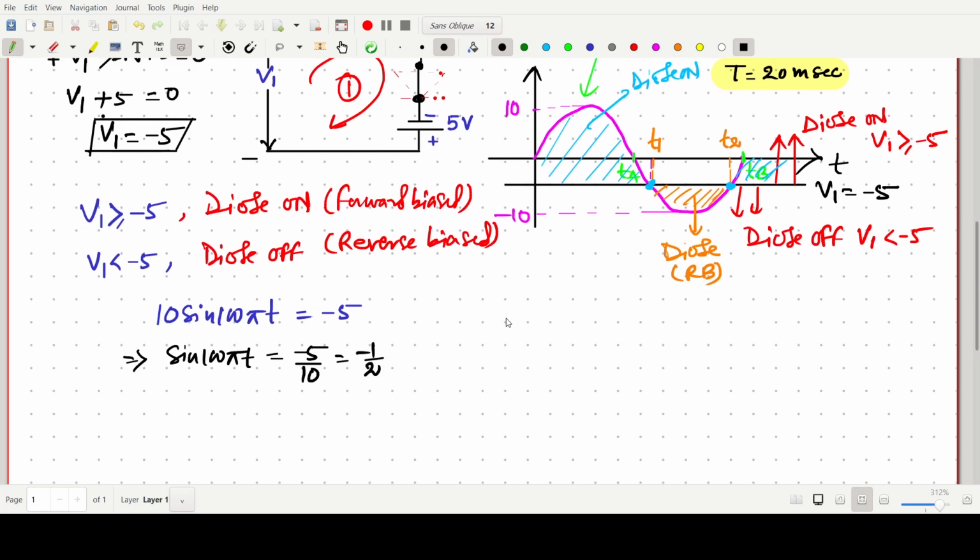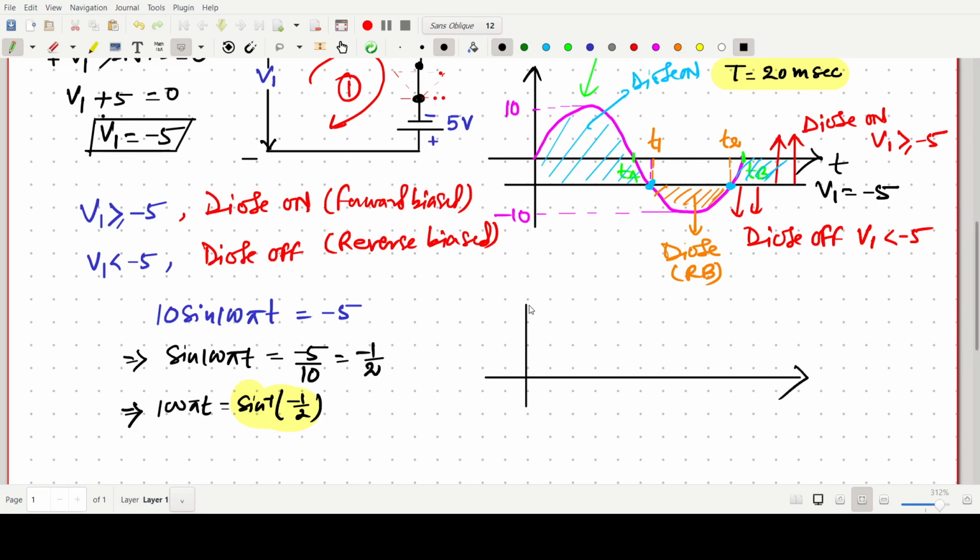Clear? Now, 100 pi t equals sine inverse of minus 1 by 2. That value we have to find. How to find the value of sine inverse of minus 1 by 2?